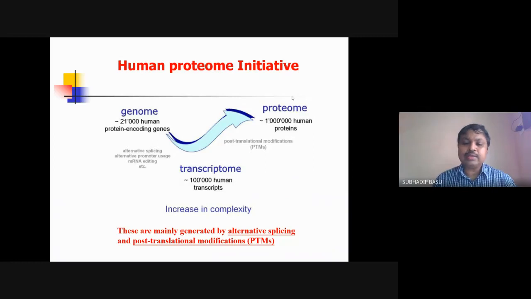As we have seen, this is mainly generated by alternate splicing and post-translational modification. So you can see that from around 21,000 human protein encoding genes, you have close to 1 million different types of human protein. So it is very hard to have a 1:1 correspondence from a gene to a protein.